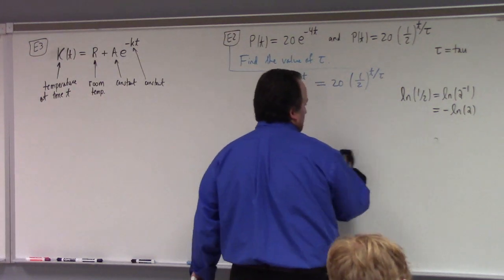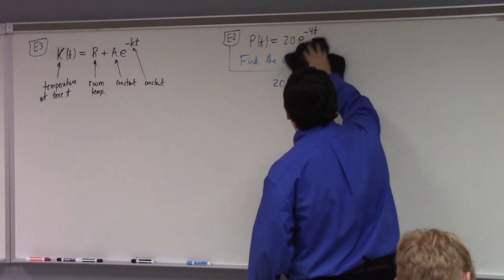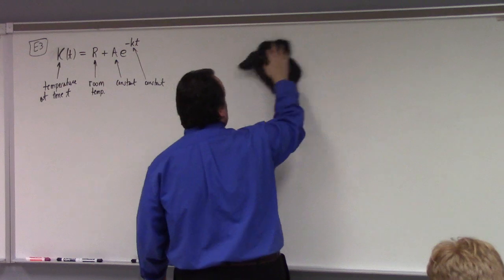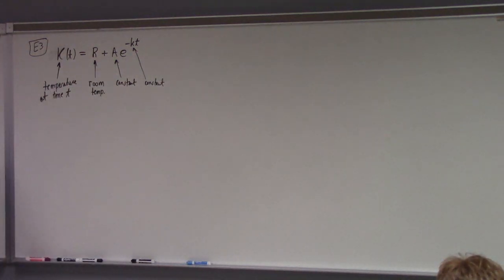And the lowercase k has to do with how quickly the coffee is losing temperature. So k would be different if you had an insulated coffee cup versus a non-insulated one.